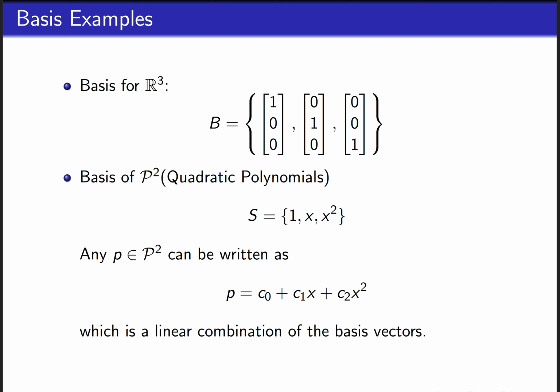This is our typical formula for a polynomial of degree 2 or less. And this is already a linear combination of the basis vectors in S. And really, this is the only linear combination of these basis vectors that will yield the polynomial p. And finally, we note that by examining this basis, we can say that P2 has dimension 3.